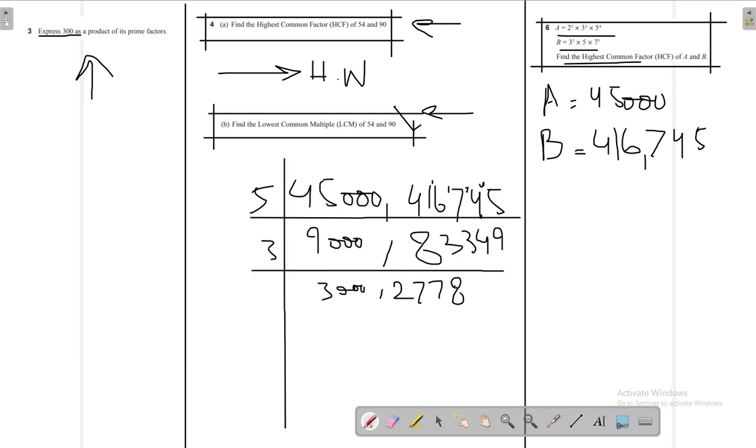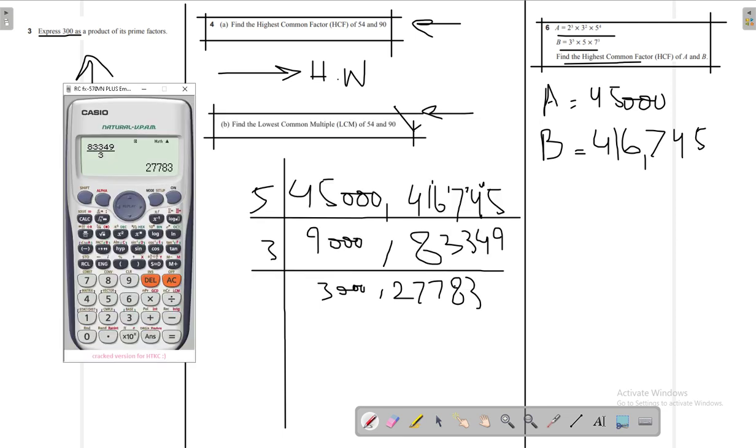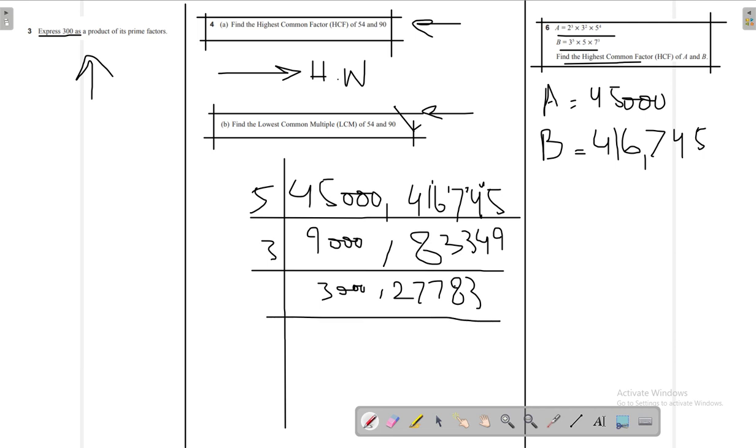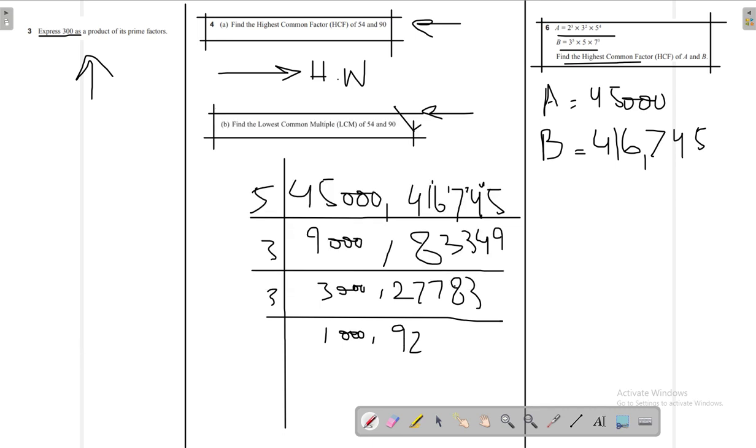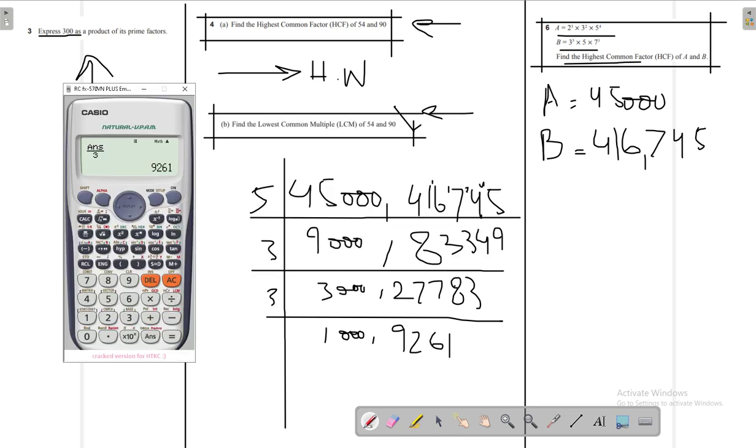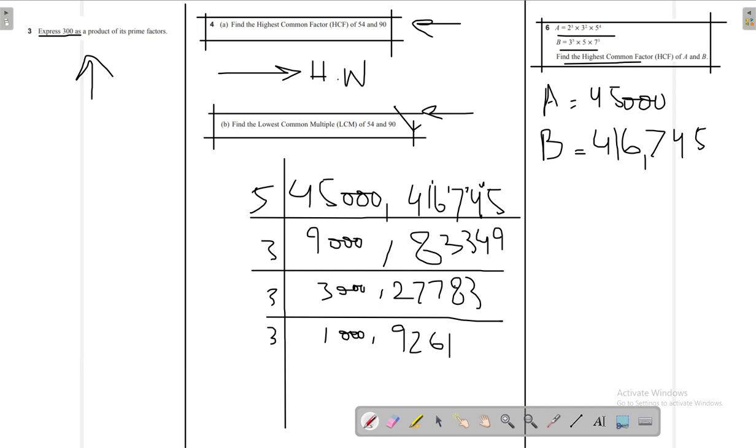I'm going to write it over here and see if this number divides by 3 as well and gives an integer, and it does. It's going to be 1000 over here, obviously, and this is now 9261. We're going to see if this divides by 3 as well. Alright, so this divides by 3. Let's see if 1000 divides by 3 as well. Maybe it's not dividing. Alright, it is giving the answer in decimal, so we have to stop here.